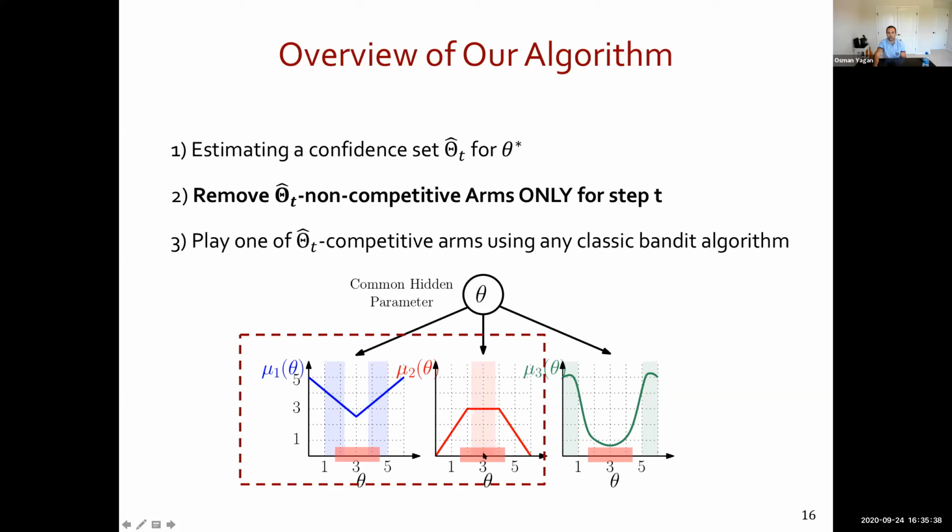Here in this region, arm 2 is optimal, and in these green regions, arm 3 is optimal. But if my confidence on theta tells me that, with high probability, my hidden parameter is here, I notice that this is outside of the region where arm 3 is the optimal one. So if my hidden parameter lies in here, arm 3 has no way of being optimal.